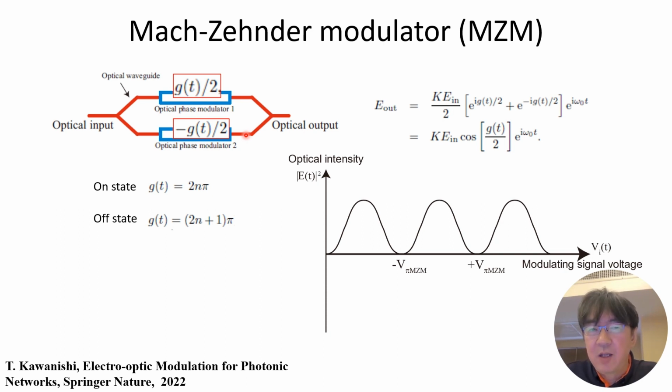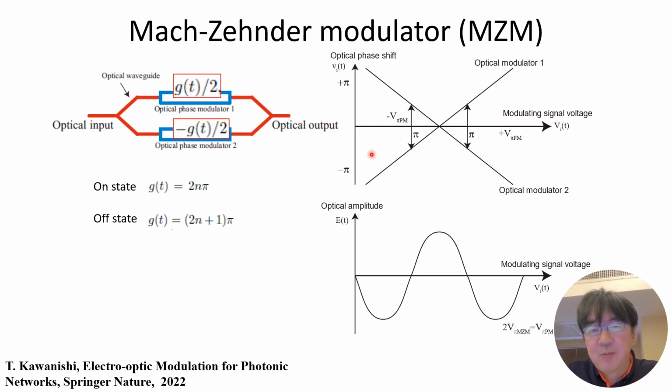Even if we apply the half-wave voltage on the Mach-Zehnder modulator, the induced phase on the optical phase modulator in each arm will be just 90 degrees. Here plus 90 degrees. Here minus 90 degrees. In total, we get a 180 degrees phase difference. So there is some difference in the definition of the half-wave voltage in the Mach-Zehnder modulator and the phase modulator.